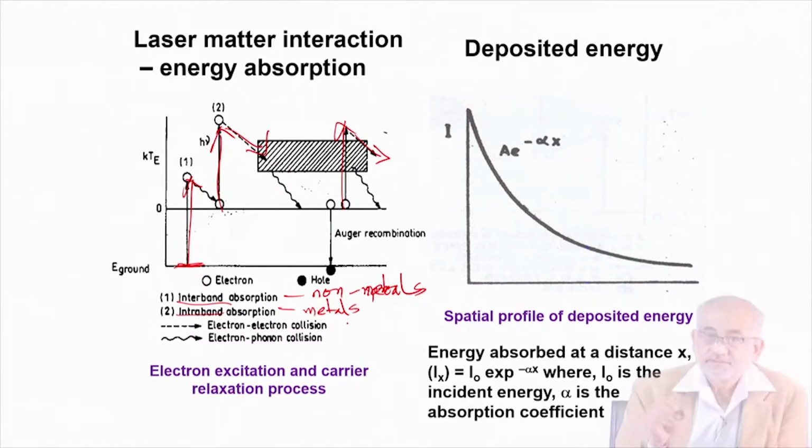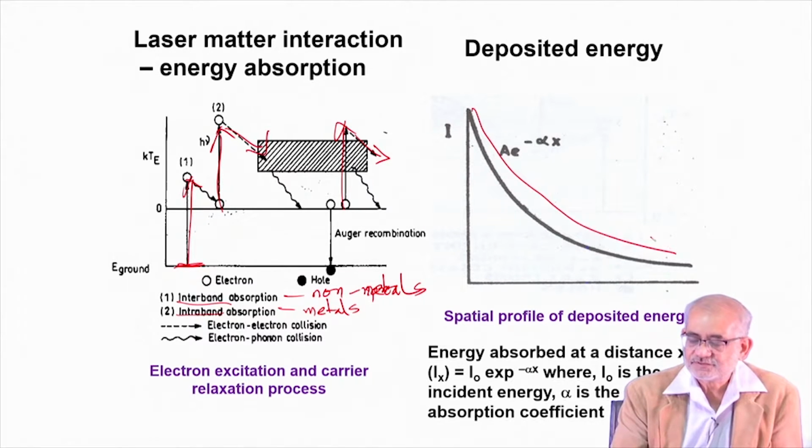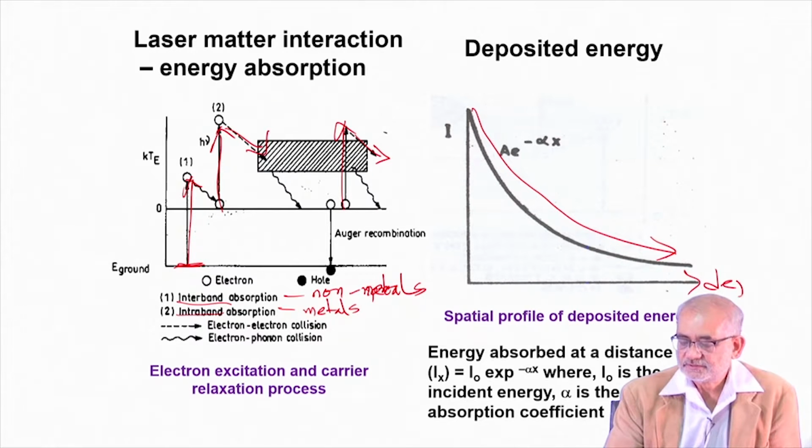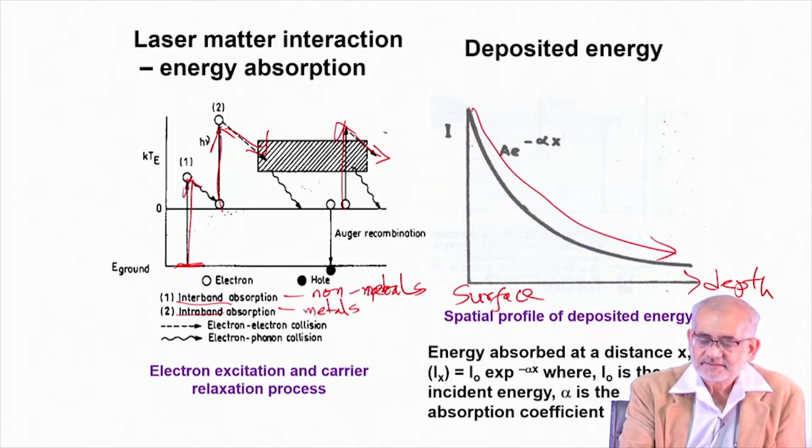Once the incident photon is absorbed and converted into lattice heat, this is how the lattice heat flows into the bulk. So this is depth and this is surface. What is significant here is that the peak of the absorption is felt right at the surface and not below.